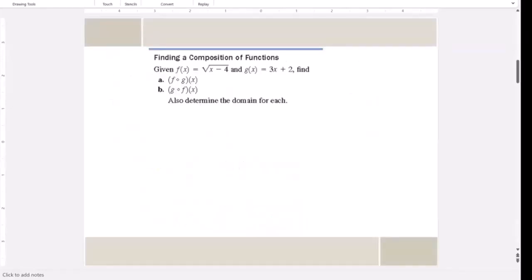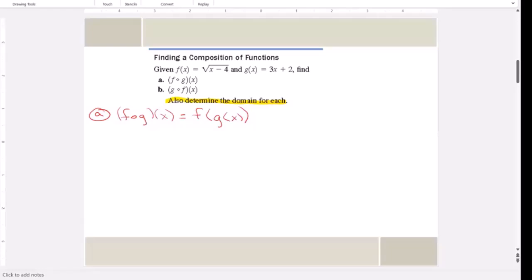Now let's do the same thing with actual functions. Also notice here it says find the domain, and I'll describe domain for you in just a minute. So for A, we start with f composed with g of x, and always, always change it into f of g of x.